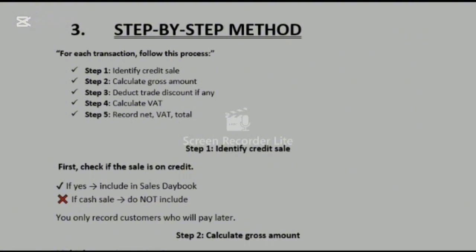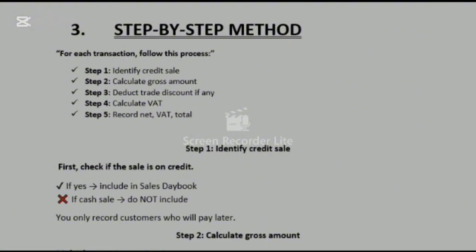There is a step-by-step method that will help you to know how to record in the sales daybook easily. First, whether in a question or in a business, you must identify credit sales. In all the transactions you have, you must first pick which transaction is a credit sale.